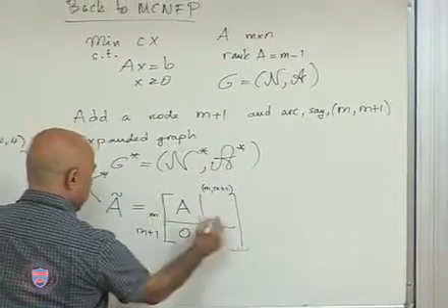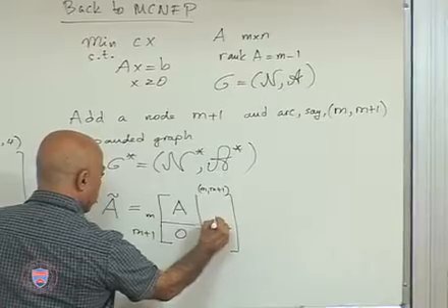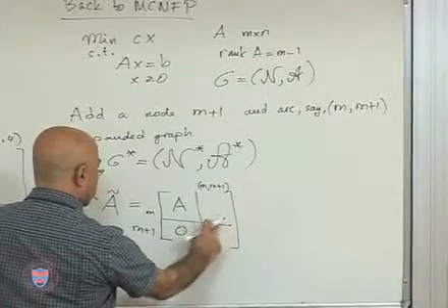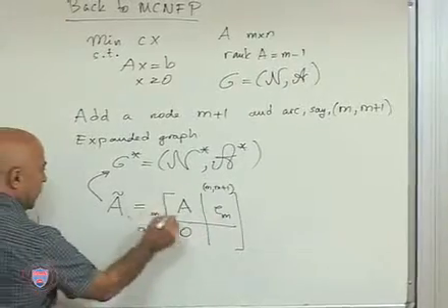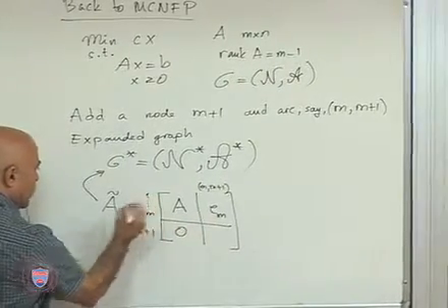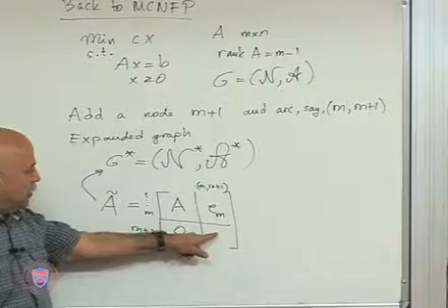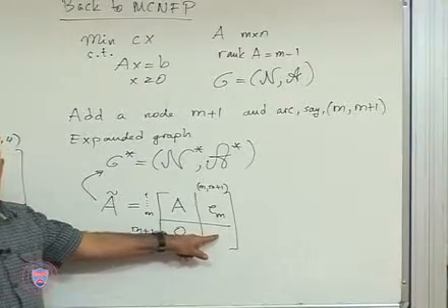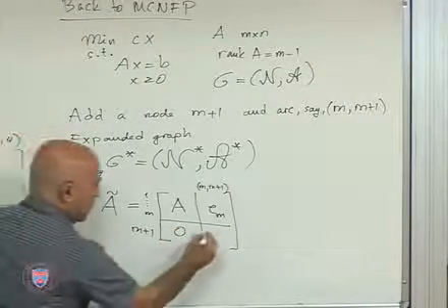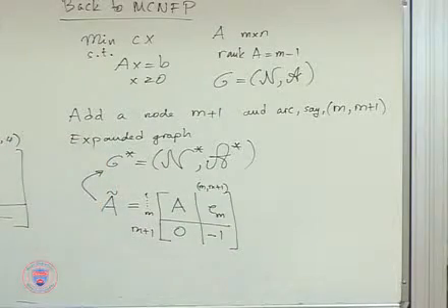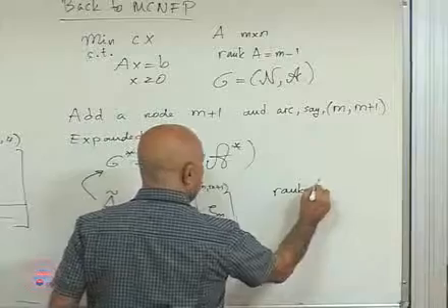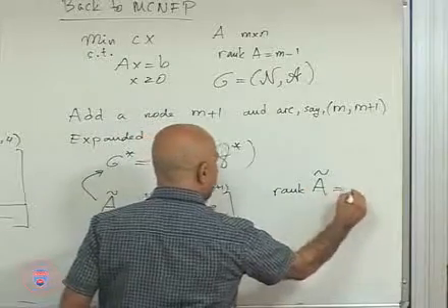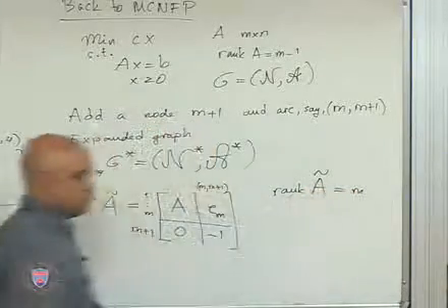So we're talking about the unit vector e_m, which has a plus 1 in the mth position. Here, I have a minus 1. And the rank of A tilde is obviously m.